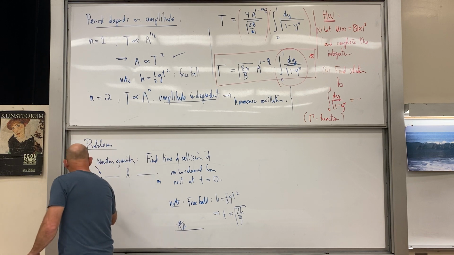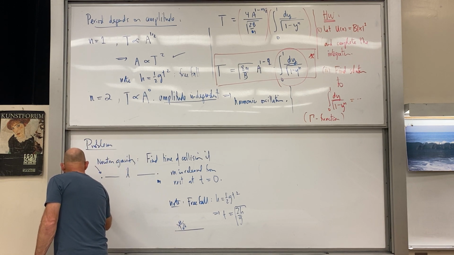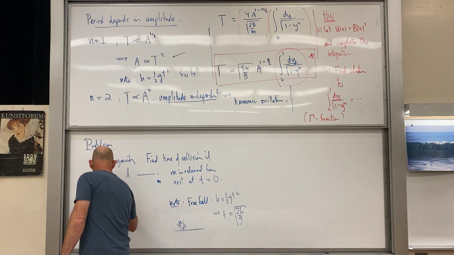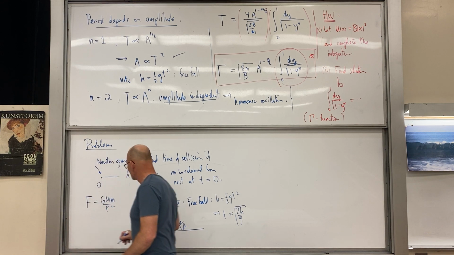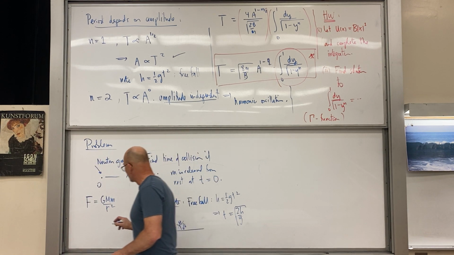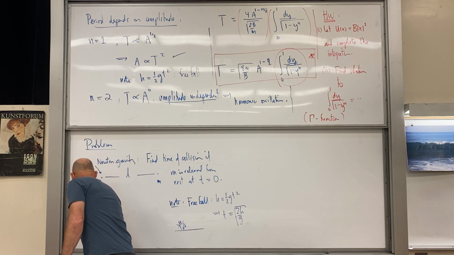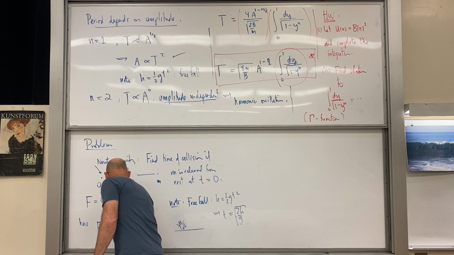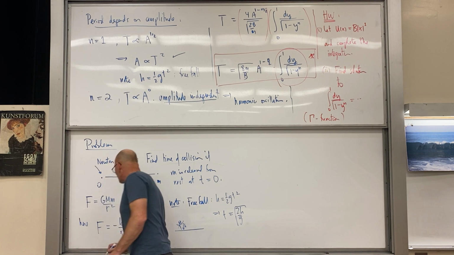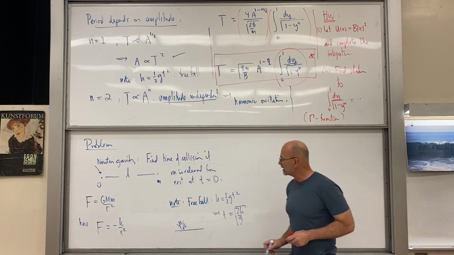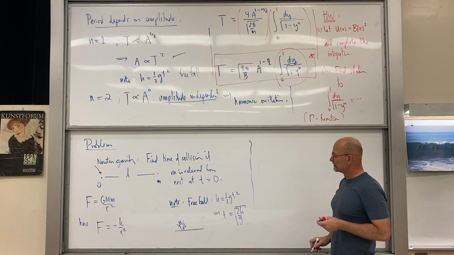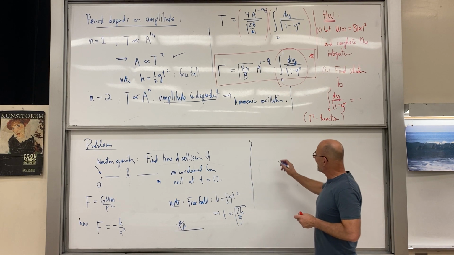And over here we have F equals GMM over R squared. But we're going to say F is just equal to minus K over X squared. That's our one-dimensional version of Newton's law of gravity.